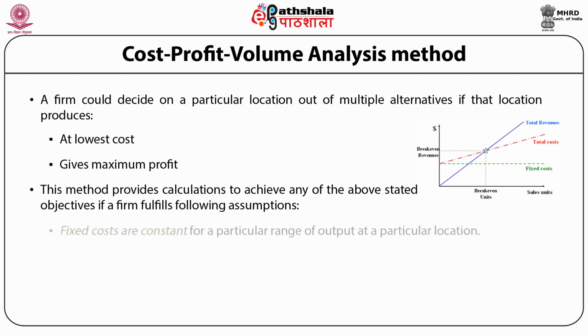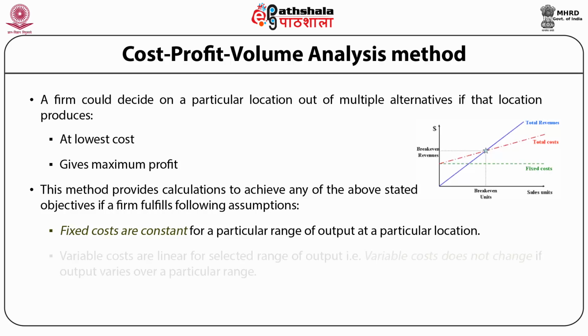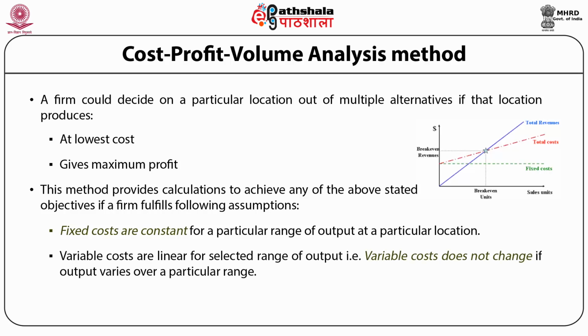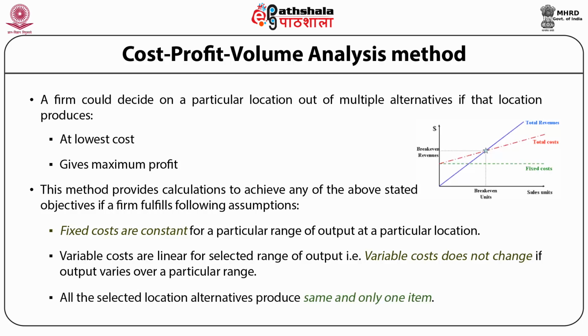First, fixed costs are constant for a particular range of output at a particular location. Second, variable costs are linear for selected range of output. That is, variable cost does not change if output varies over a particular range. Lastly, all the selected location alternatives produce same and only one item.